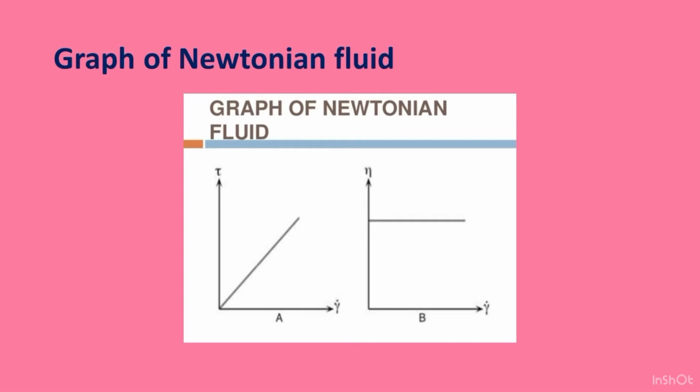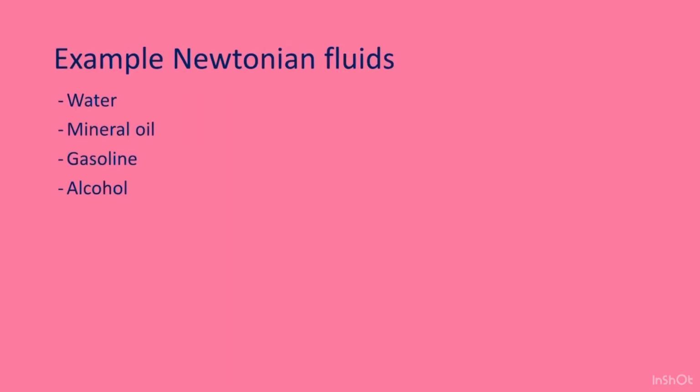What I'm going to talk about in this graph is that graph A shows that the relationship between the shear stress and shear rate is a straight line, while graph B shows that fluid viscosity remains constant as the shear rate is varied. Examples of Newtonian fluids are water, mineral oil, gasoline, and alcohol.